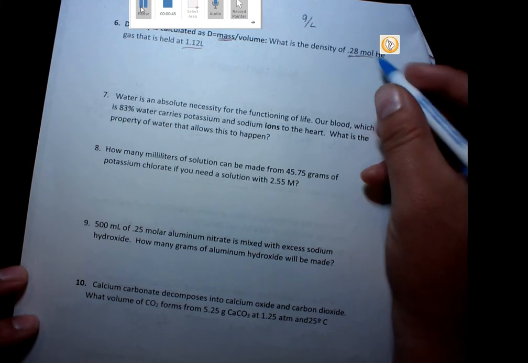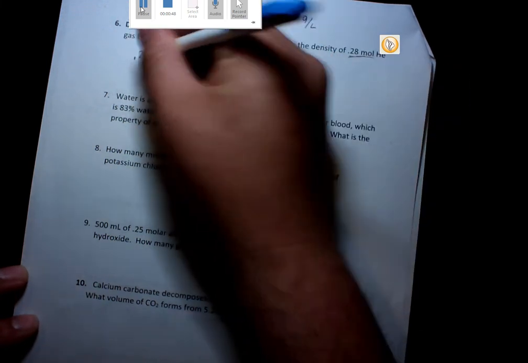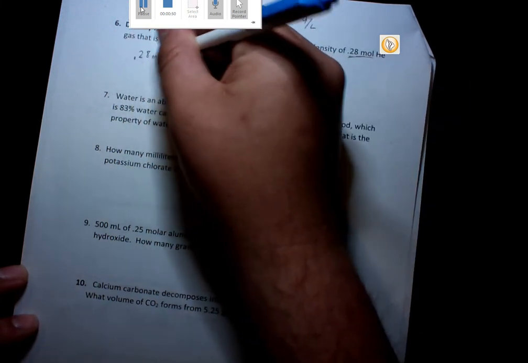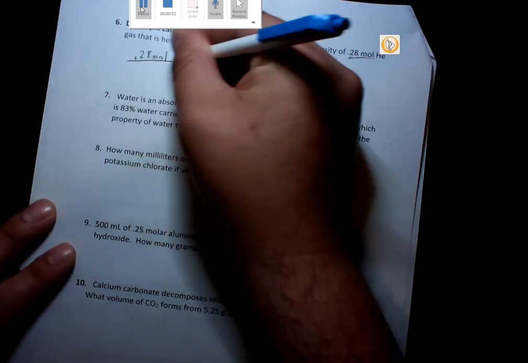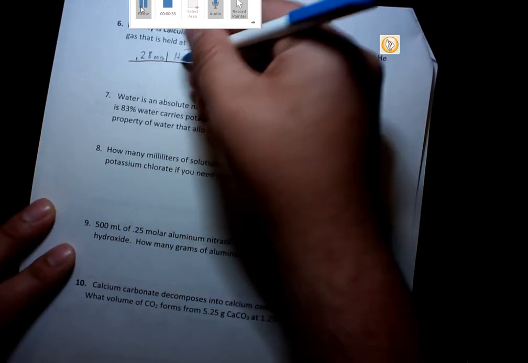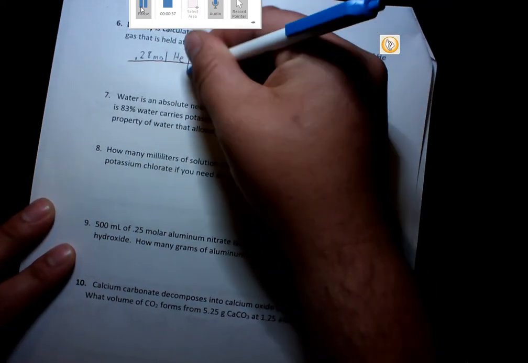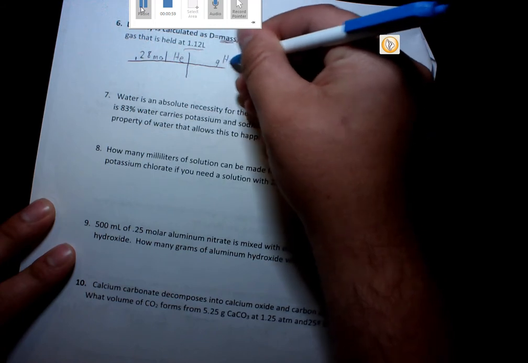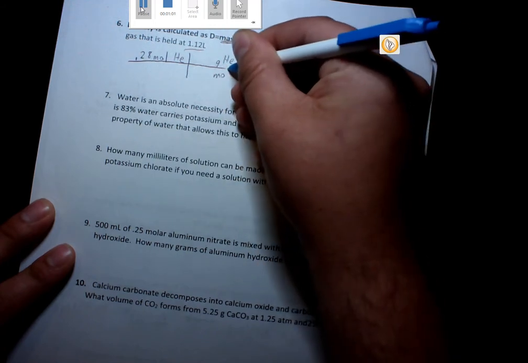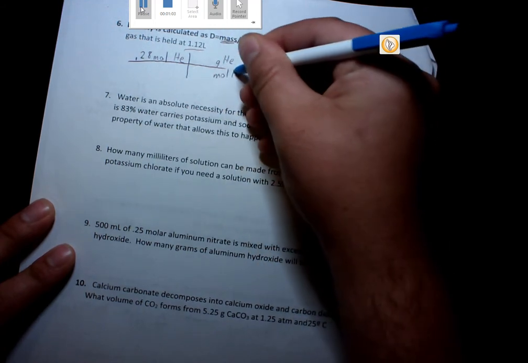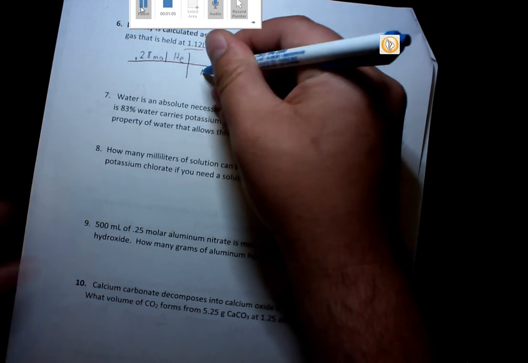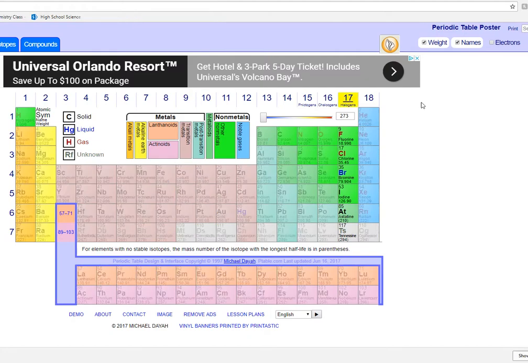So we have 0.28 moles of helium, and we want to convert that into grams of helium. Well, moles gets a 1, and grams is going to be the molar mass of helium here.